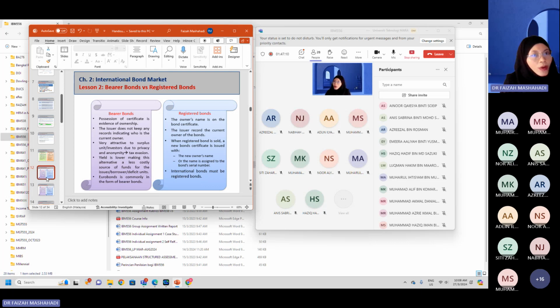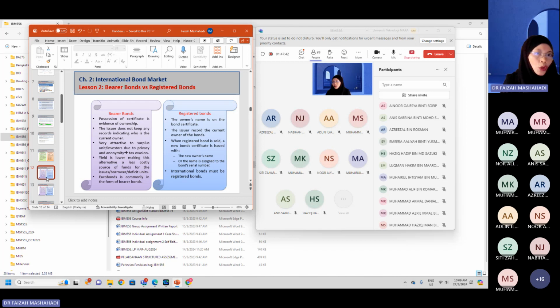But for registered bond, the name of the owner will be printed on the certificate. Ataupun sekarang kita gunakan barcode, kita guna serial number semua tu lah. But saya cerita tentang cara dulu ya. The name must be printed on the paper. That one is registered bond. Bearer bond, the proof of ownership is the possession of that certificate.